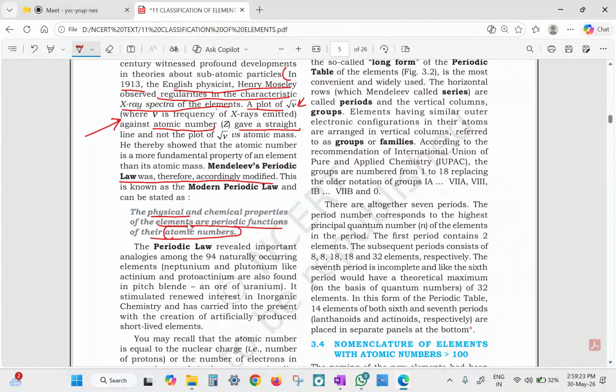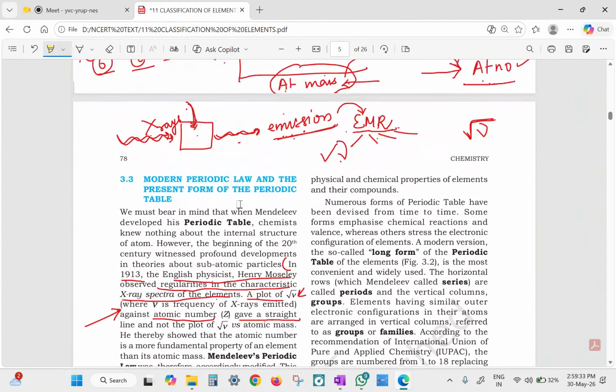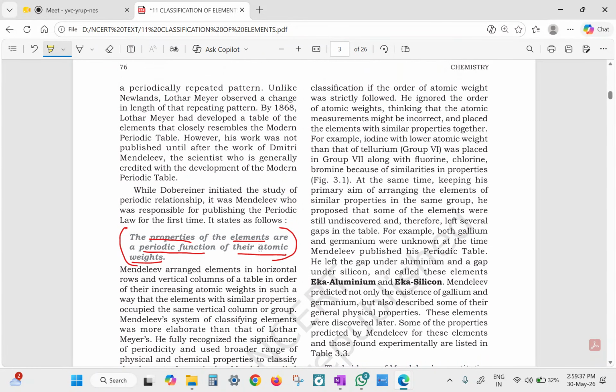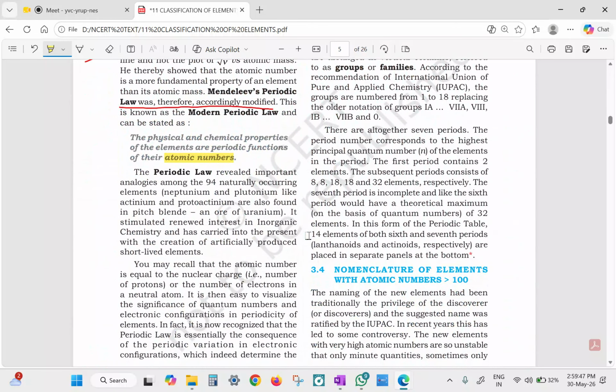So they modified the periodic law and said that the properties of the elements are the periodic function of their atomic numbers. Whereas in Mendeleev's classification, the properties were thought to be varying because of changing atomic weights. Clear? Okay.